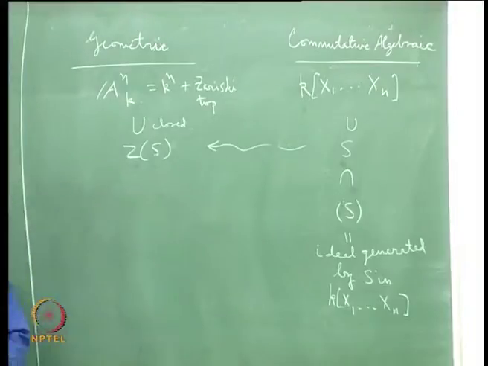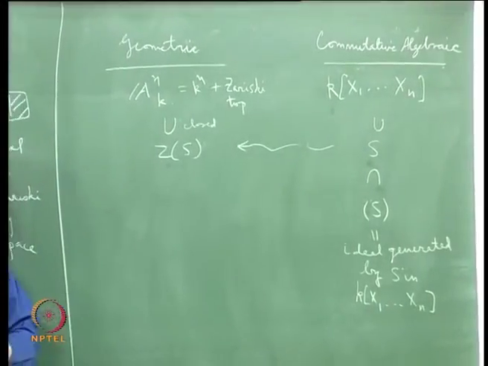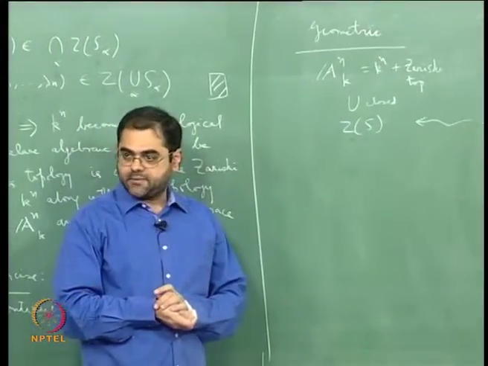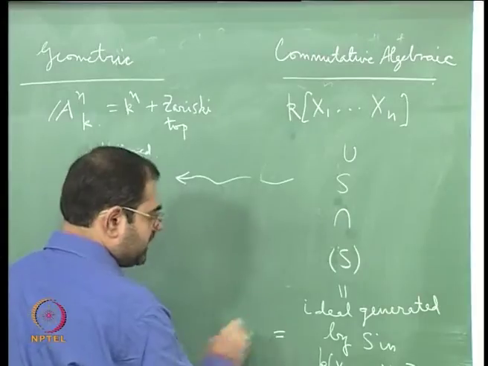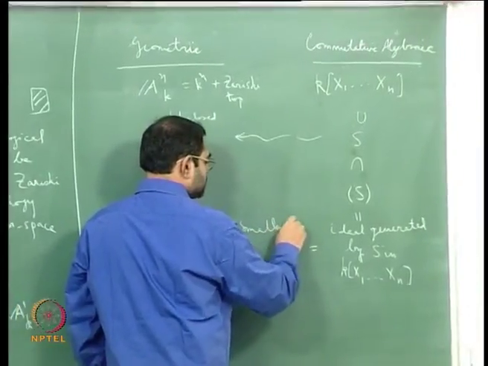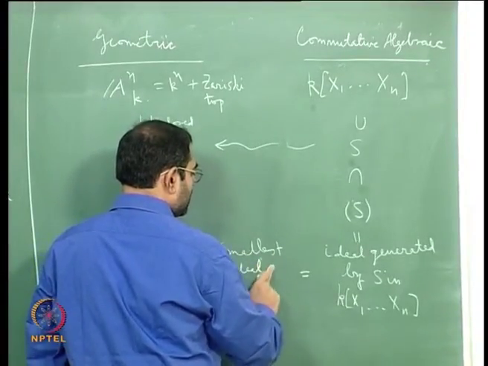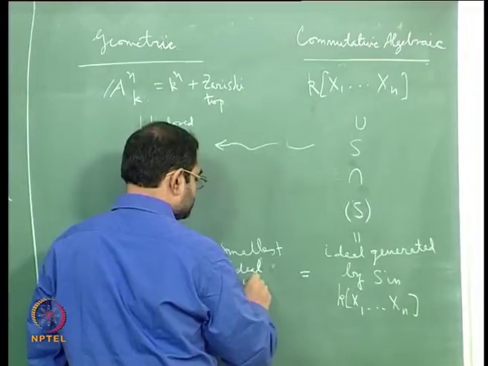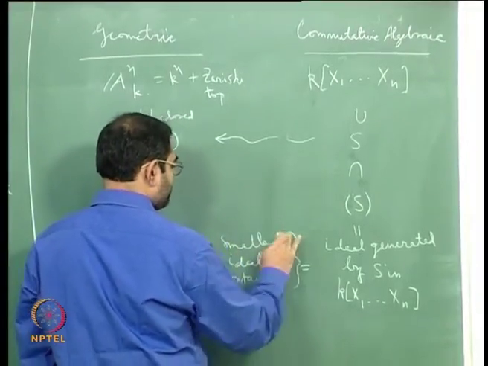Now what is this ideal generated by a subset in the polynomial ring? Of course there are two ways of describing it. One is that this is equal to the smallest ideal containing S. This is one definition.